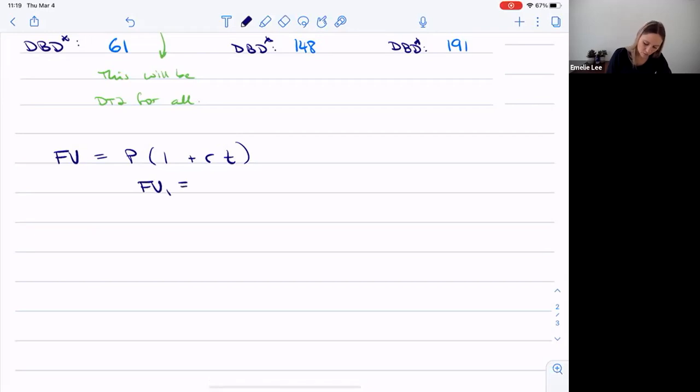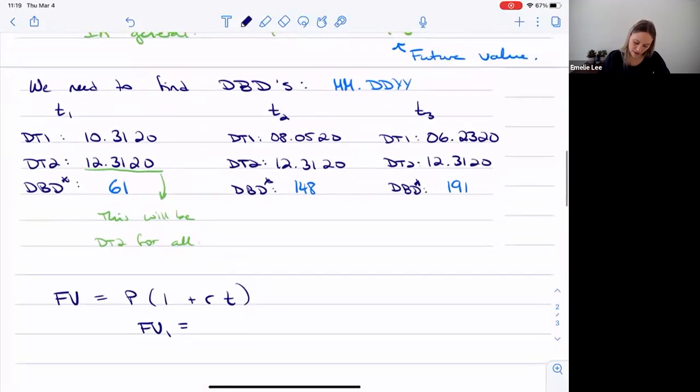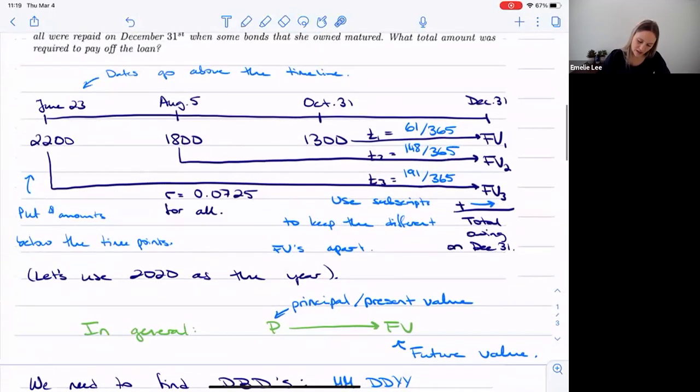And you will want to refer to your timeline here. Future value 1, right? Just make sure that you use the right P. P is 1300 and T is 61 over 365. Just make sure that you grab the right information that corresponds to your future value 1.